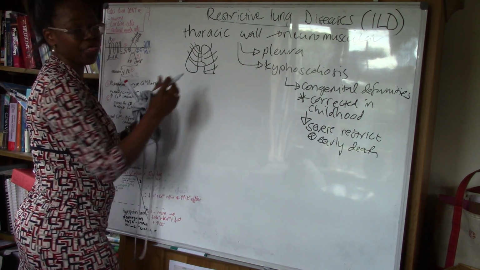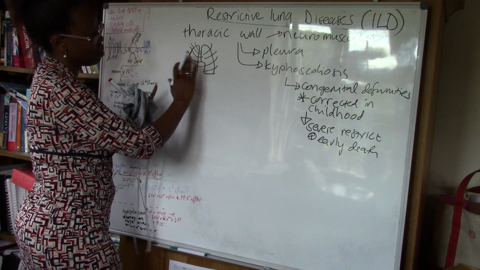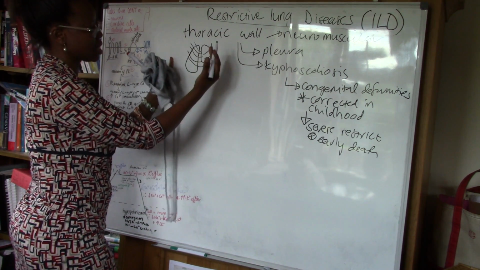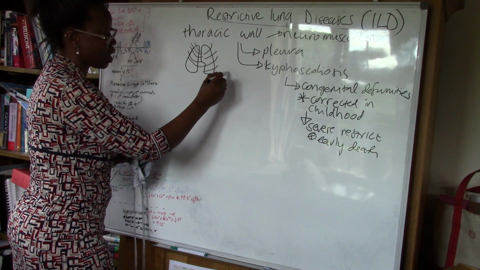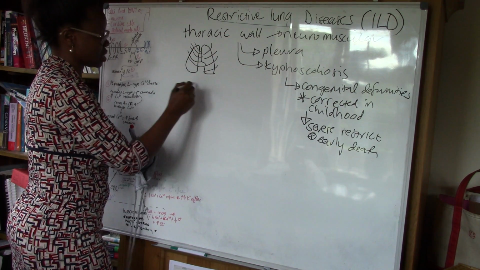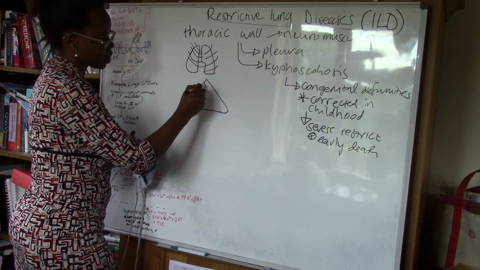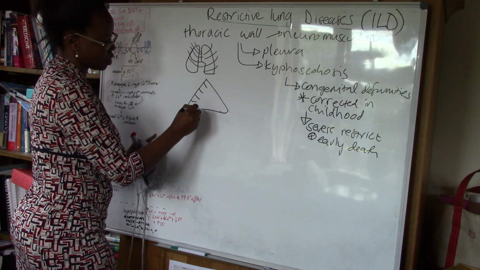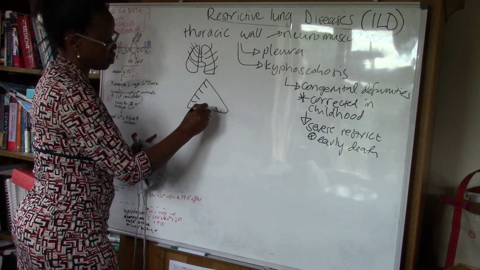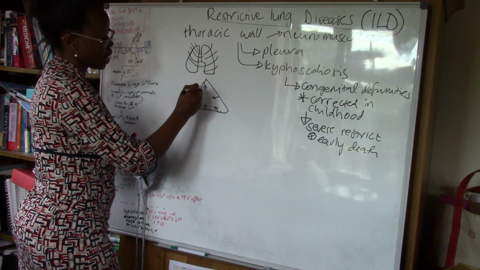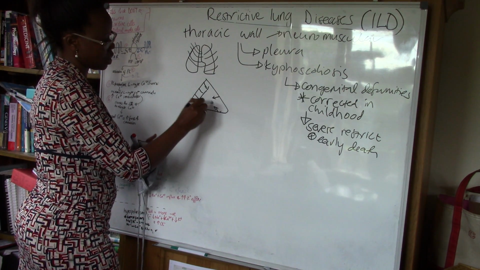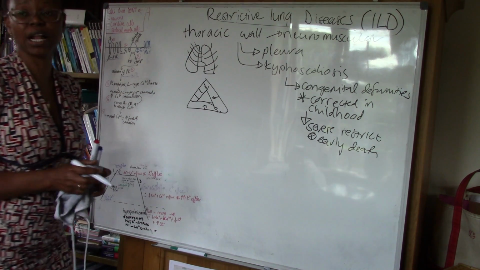So this is not a pathology of the parenchyma or the alveoli, it's just the thoracic wall itself. Say if this was the normal size thoracic wall, it's just disorders that reduce the capacity and the volume and cause the thoracic wall to be smaller than normal.